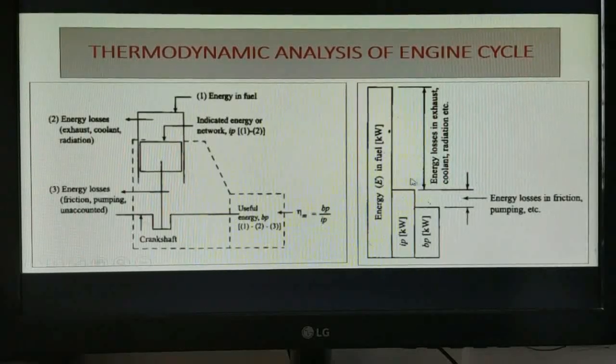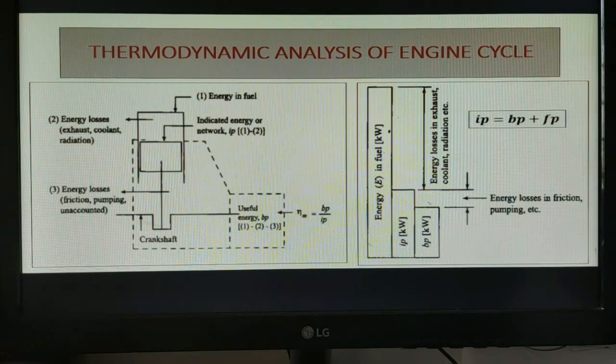So same is represented in the other way. Then from the indicated power we are getting the brake power. Brake power is less than the indicated power, and this energy loss is because of the friction and pumping. All this we are considering as the friction power. So we are getting the indicated power less than the energy in the fuel, and brake power less than the indicated power. So this is the energy analysis of the engine. Understood?